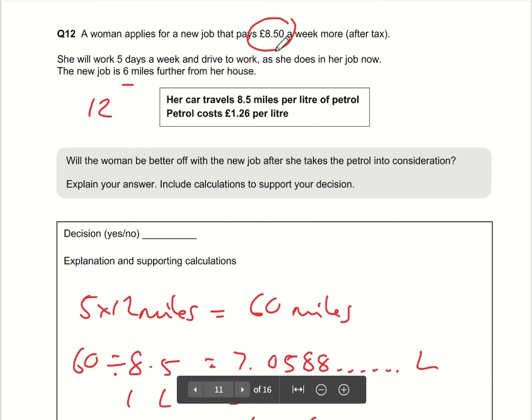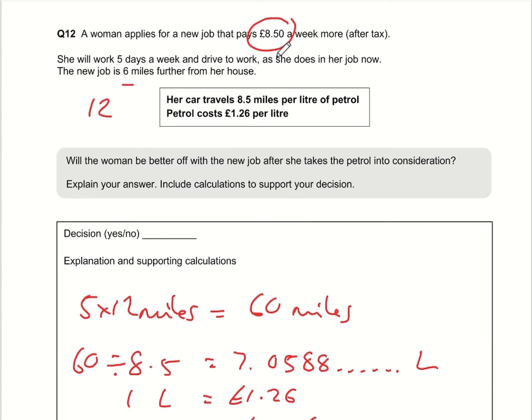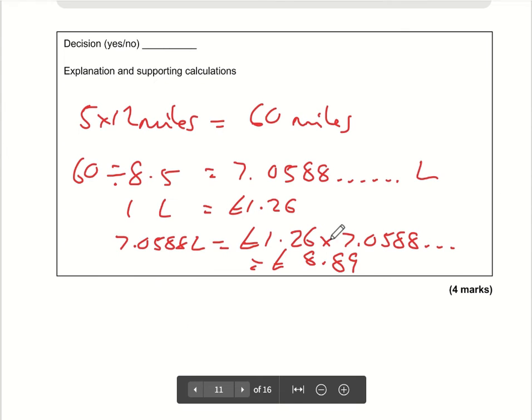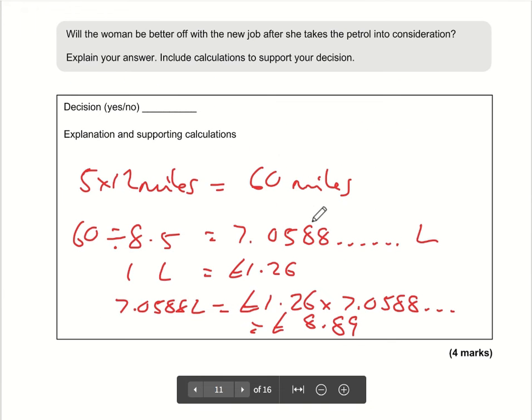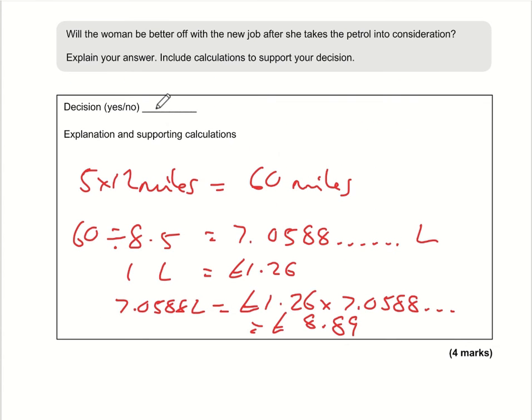And she's got a job that was £8.50 a week more, but she's paying £8.89 in petrol. So the decision is no. Will the woman be better off? No. And you can say because the £8.50 won't cover the £8.89 fuel costs.